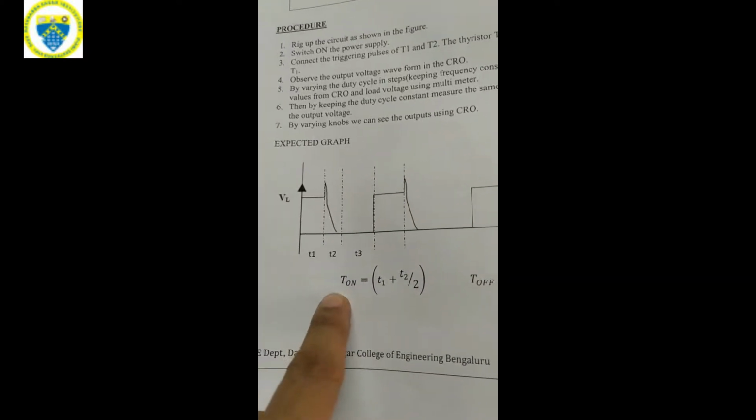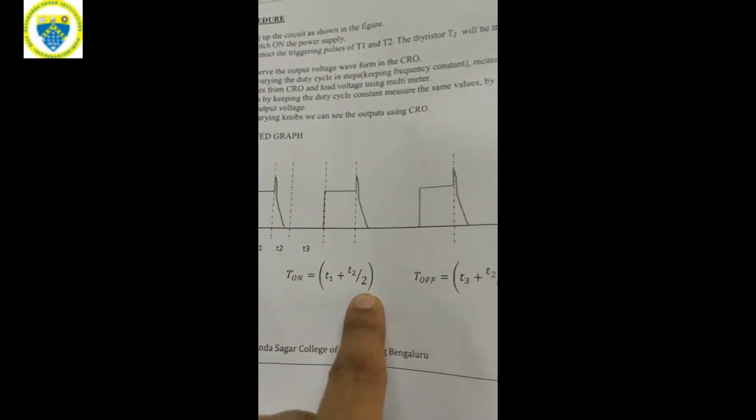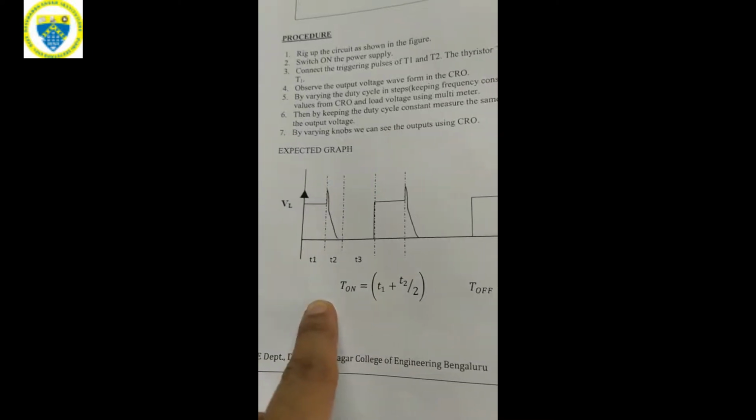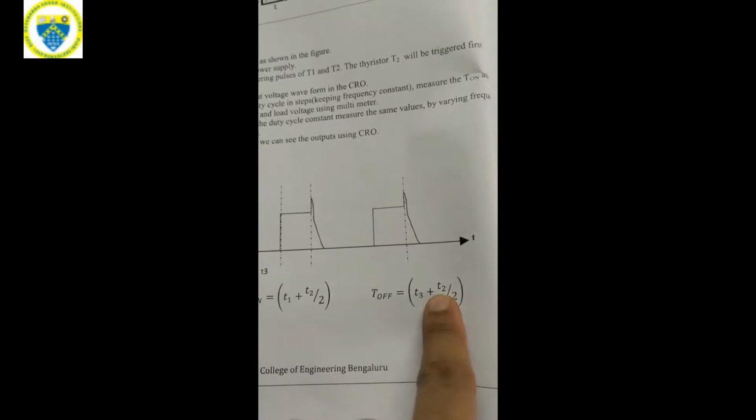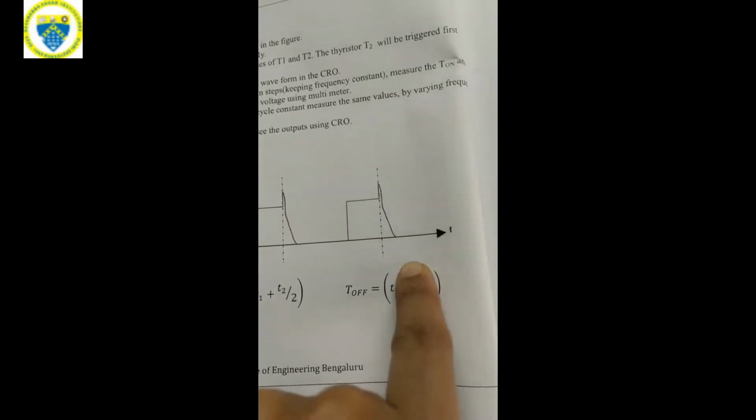T on is calculated using the formula T1 plus T2 by 2 and T off is calculated as T3 plus T2 by 2. T2 by 2 is used in case of both T on and T off. Here the exact value of T2 cannot be determined correctly. Because of this reason, T2 by 2 is included in both T on and T off.